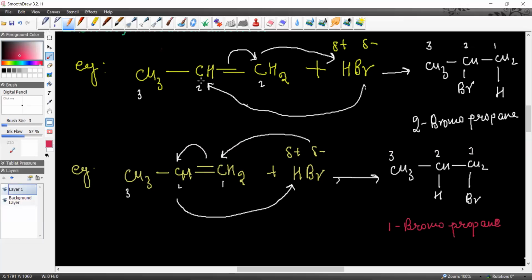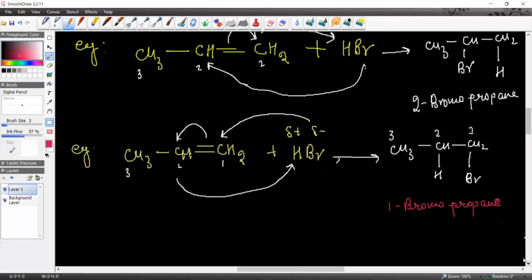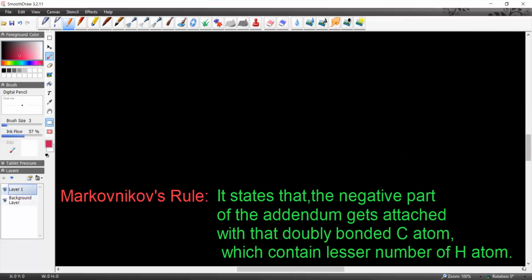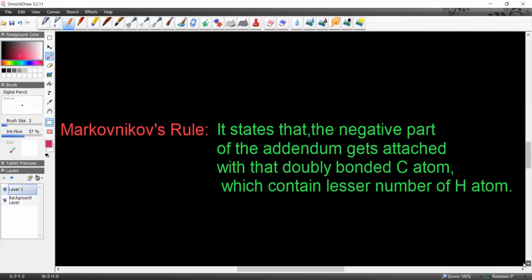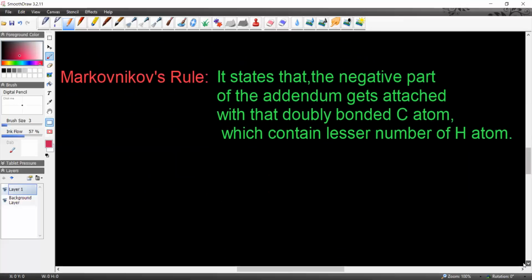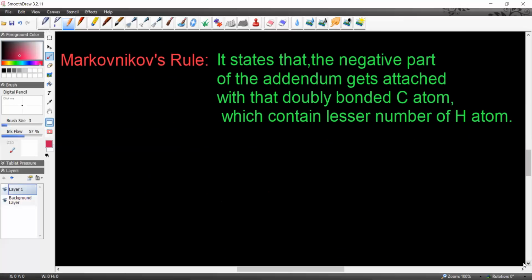So this anomaly was resolved by a Russian chemist who proposed a rule which is known as Markovnikov's rule. With the help of Markovnikov's rule, we can easily understand whether we have to attach the negative part of the adding molecule to the second doubly bonded carbon atom or the first doubly bonded carbon atom.